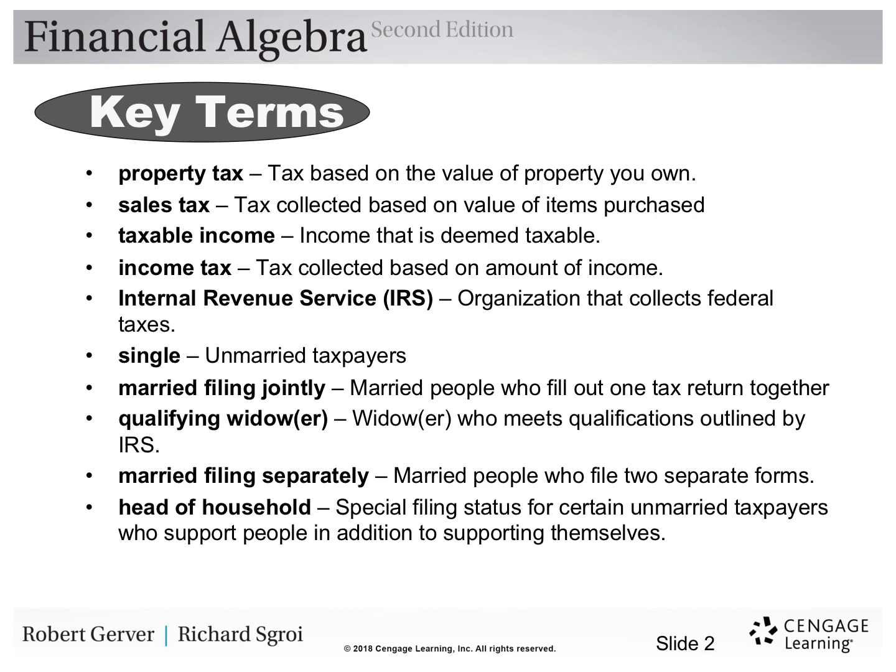There's married filing separately. These are married people who file two separate forms rather than a single form. And then there's head of household. This is a special filing status for certain unmarried taxpayers who support people in addition to supporting themselves.